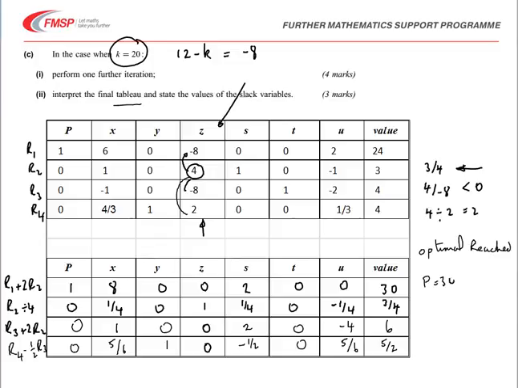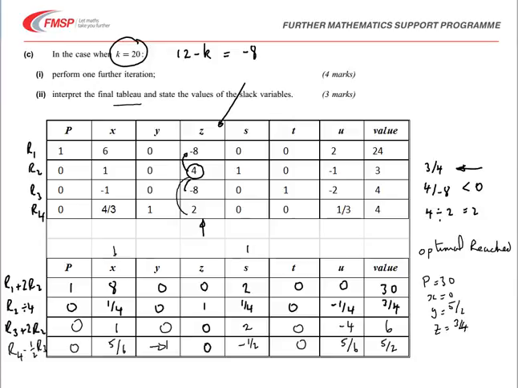P is equal to 30. X is equal to 0. That's because this X column has not got 0s and 1 in it. So X is equal to 0. Y, we can see the 1 is in the bottom row, so Y is equal to 5/2, and Z is equal to 3/4.